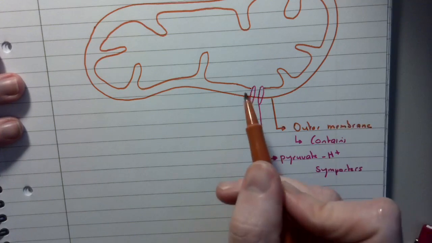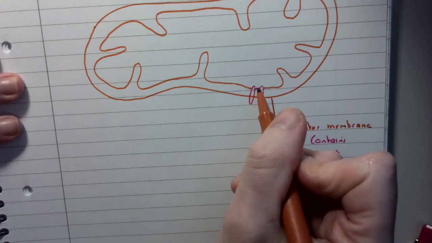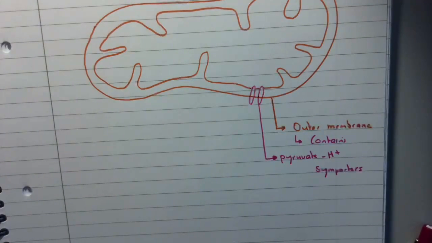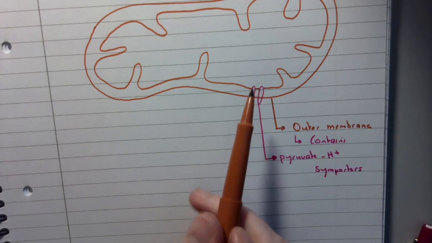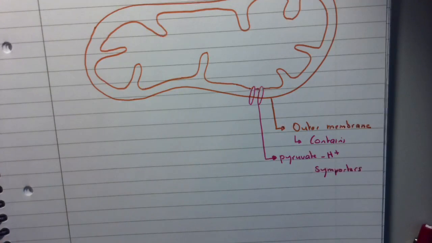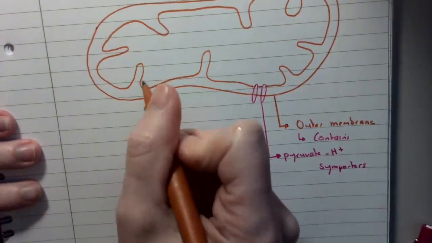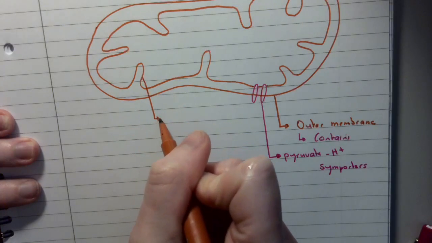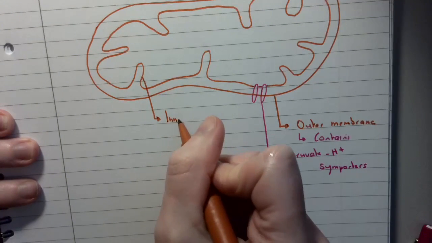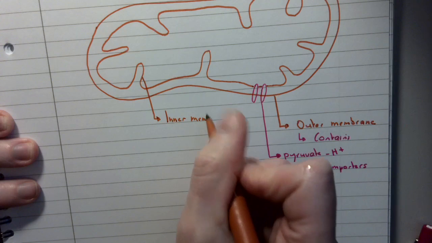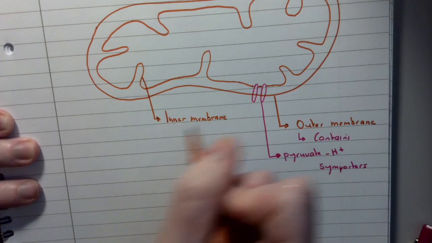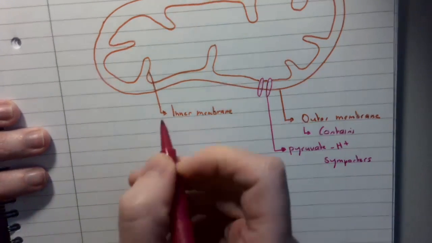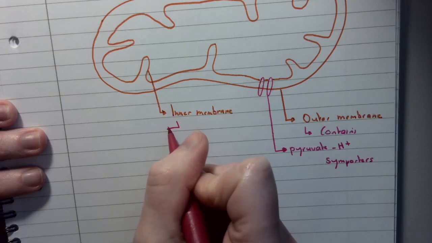pyruvate transporter. I should have left a space on the bottom, but these symporters actually go through both of the membranes, and I'll write that in a second. So you've got the inner membrane here, and this has folds that are called cristae, or crista is the singular.